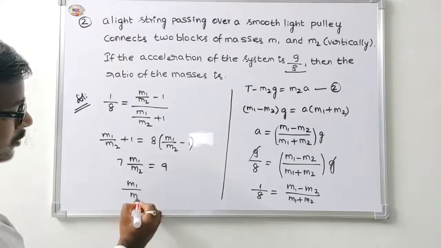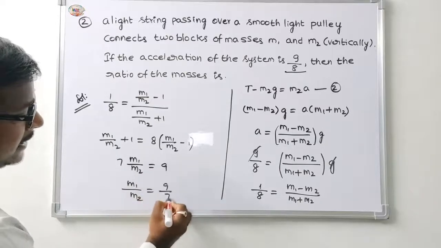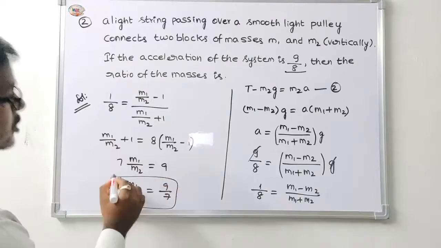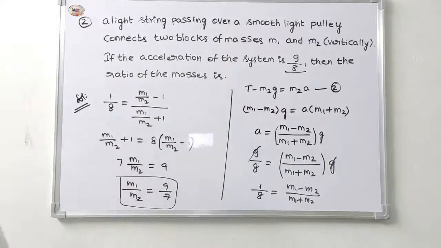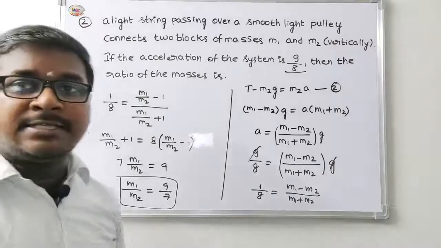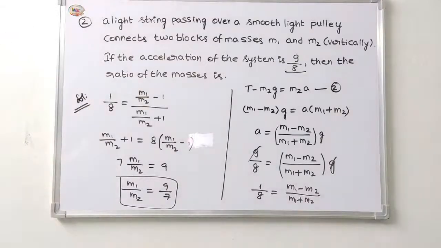So m1 by m2 is equal to 9 by 7. This is the ratio of the two masses. This is the second problem.